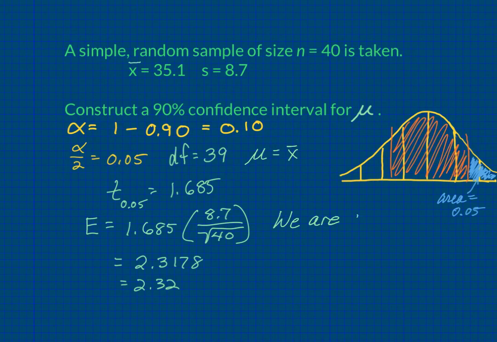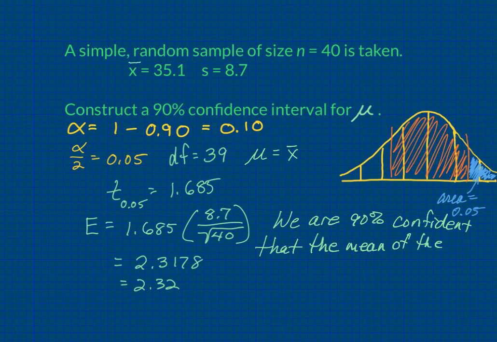We are 90% confident that the mean of the population is, I forgot to write it down here, 35.1. 35.1 plus or minus 2.32.